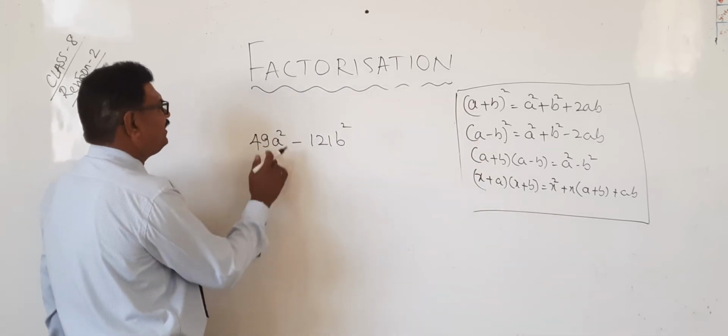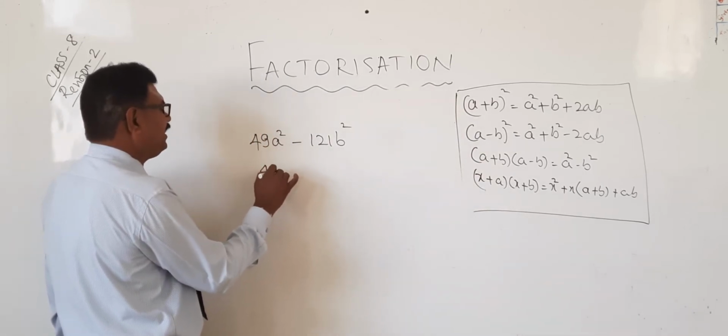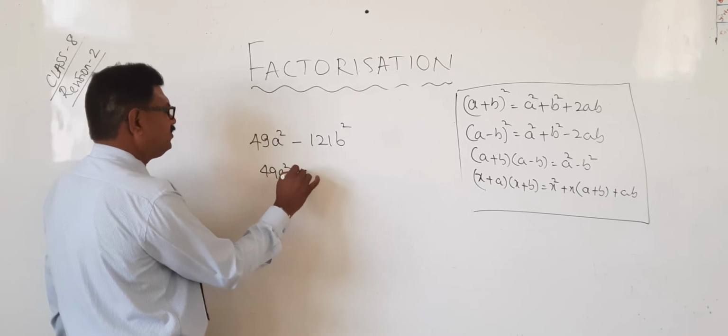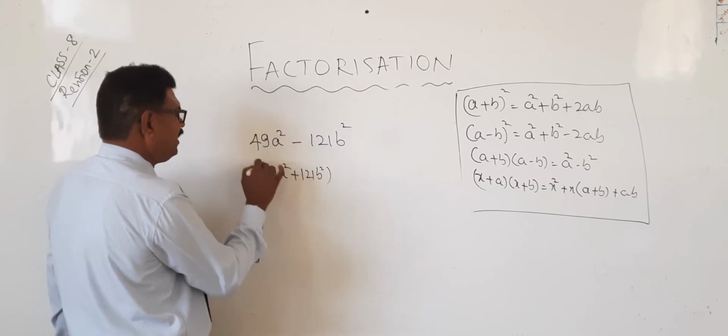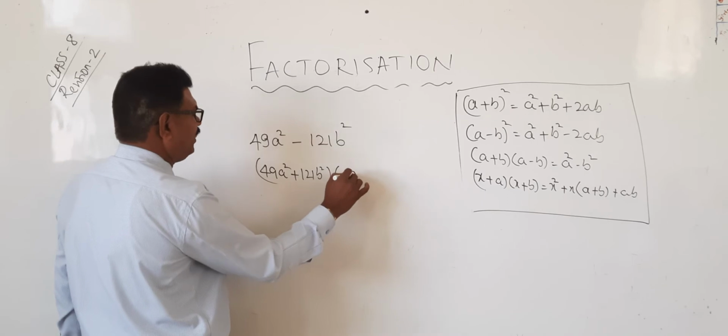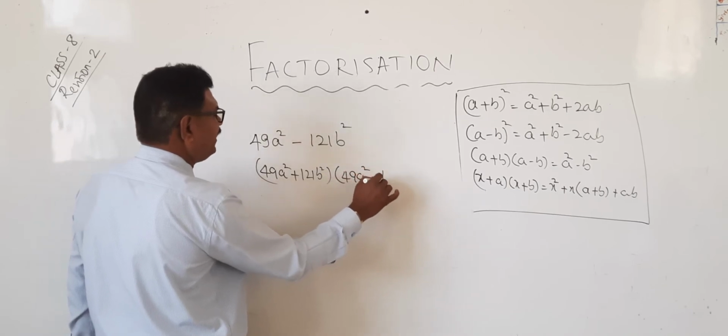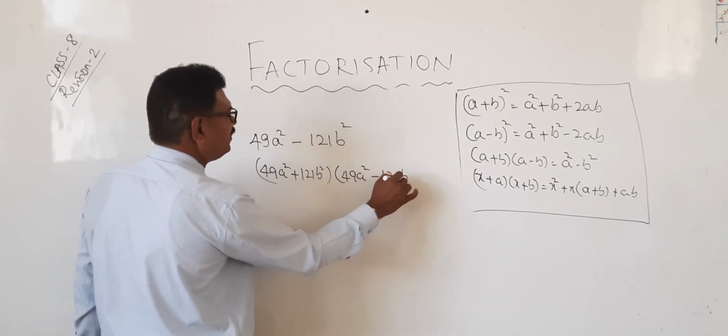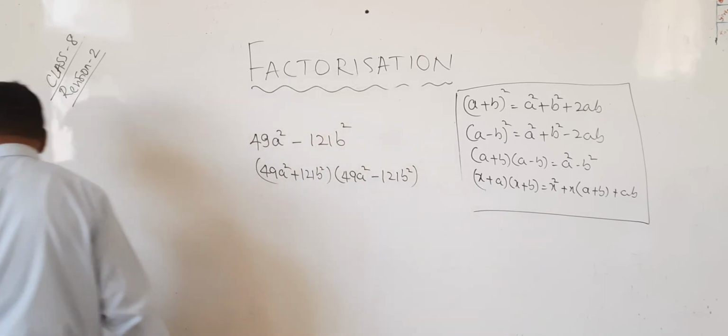So many students, what will they do? They will do like this: 49a square plus 121b square into 49a square minus 121b square. Is it correct?